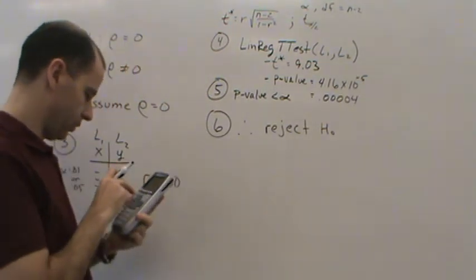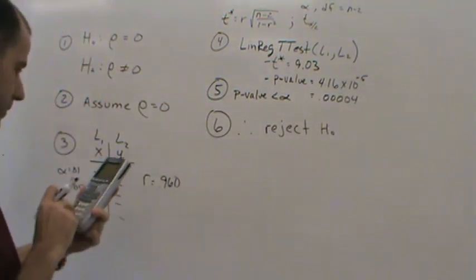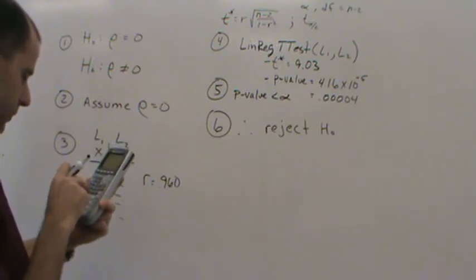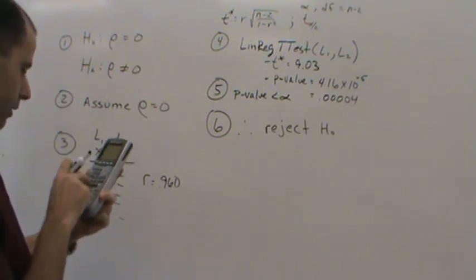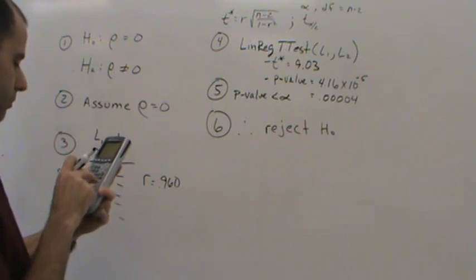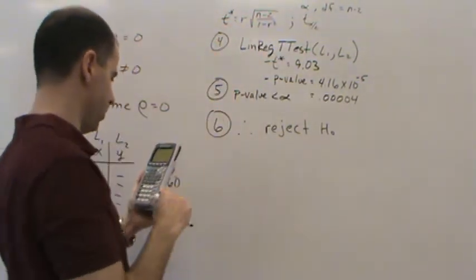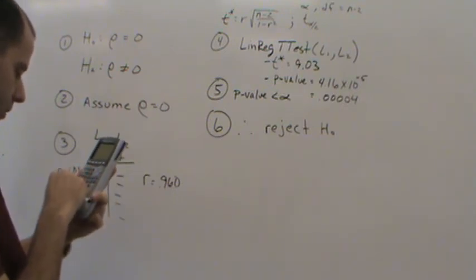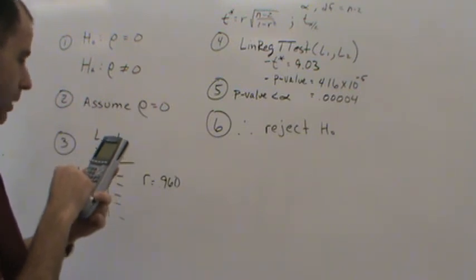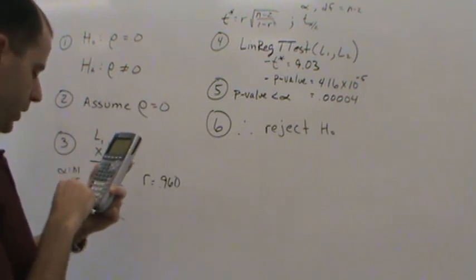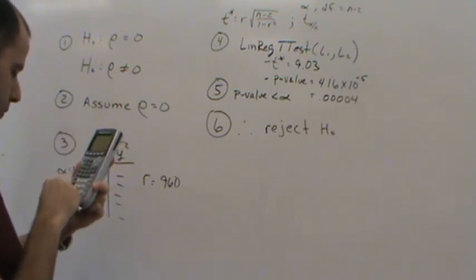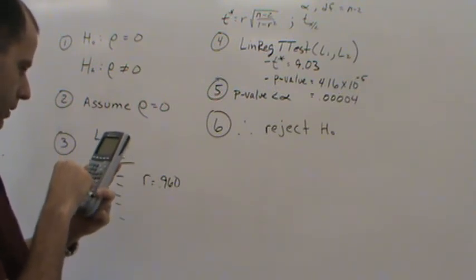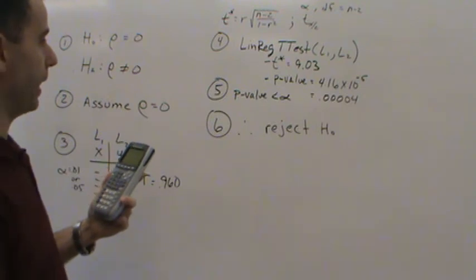Let me quickly do that, just to prove it to myself. If I go 0.960 times the square root of 7, because it's the number of ordered pairs minus 2, so 7, divided by 1 minus 0.96 squared, I got 9.07.